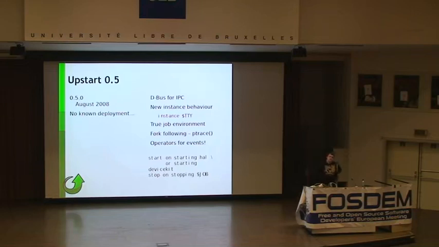But that doesn't work either, because then you don't know that the daemon's actually running. If you take most servers, they actually don't fork off into the background until they're listening on their well-known port, or they've got their well-known name registered on the bus. And this is very useful because you can use the fork as a notification of readiness. So we wanted to be able to just supervise these.